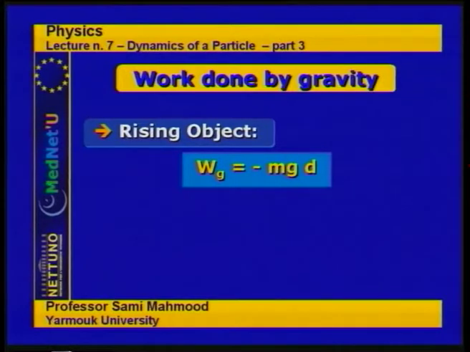This work tells us that as the object is moving upward, the gravitational force does work on the object which is negative. That means it transfers kinetic energy from the particle to somewhere else.